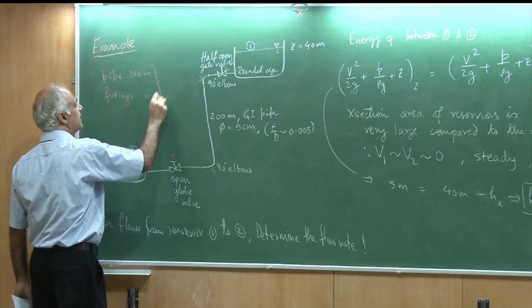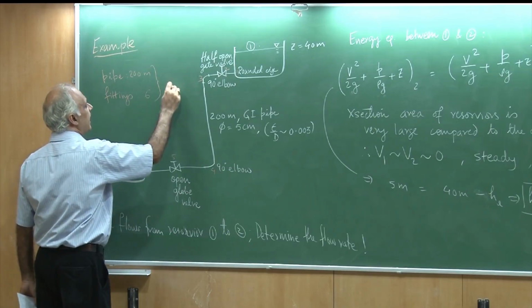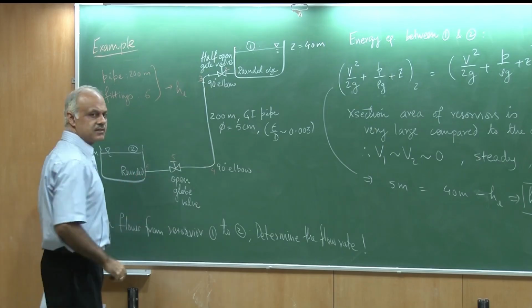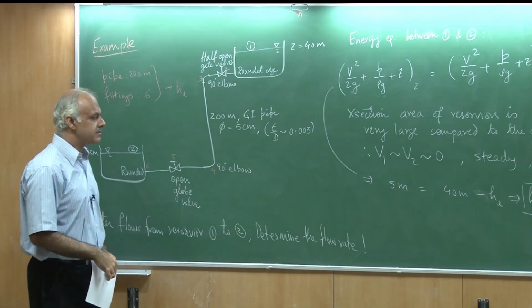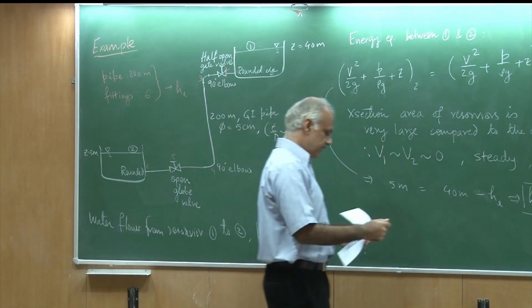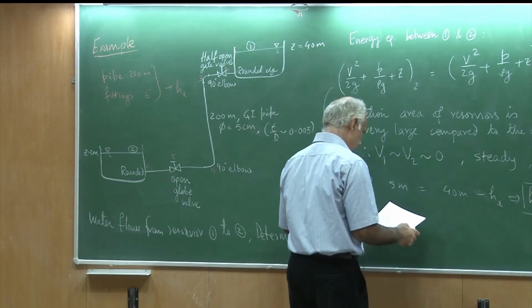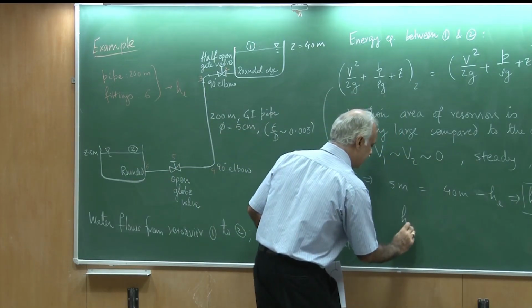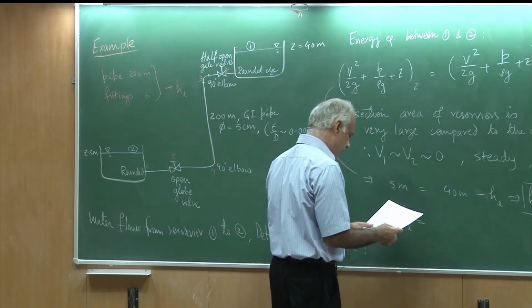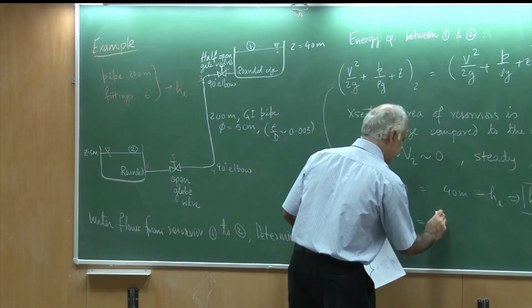So these quantities actually contribute to my head loss. I must account for all of them. I am going to write this as: HL is because of the pipe and the fittings.